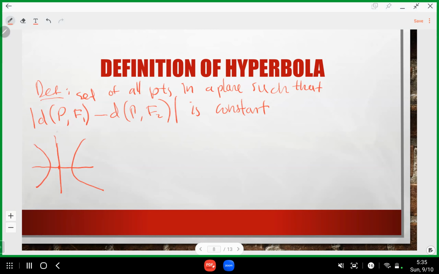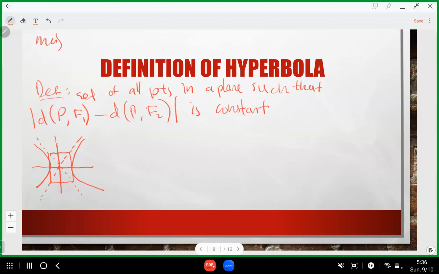So if it opens left and right, obviously the major axis is going to be horizontal, right? It's not really called a major axis.